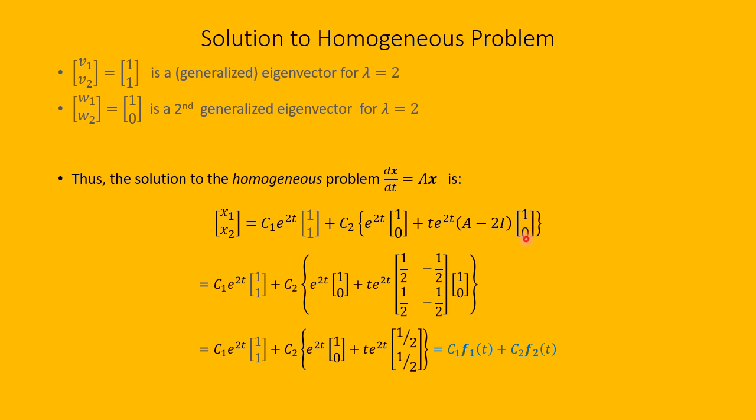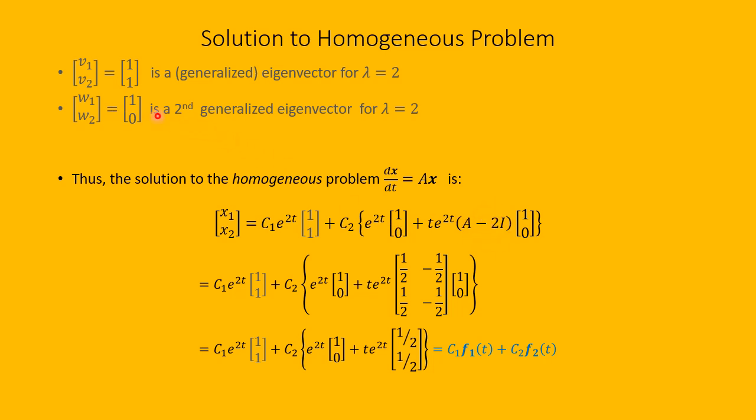(1, 0). We don't need more terms here because what we saw was that (w1, w2) = (1, 0) was a generalized eigenvector since (A minus lambda I) quantity squared equals 0, so we only have to go out to this extra term.